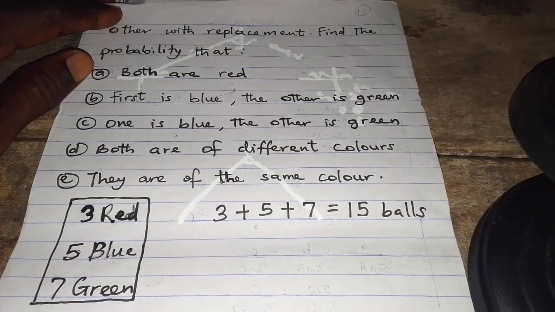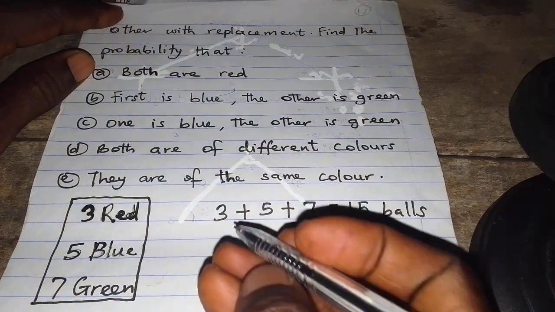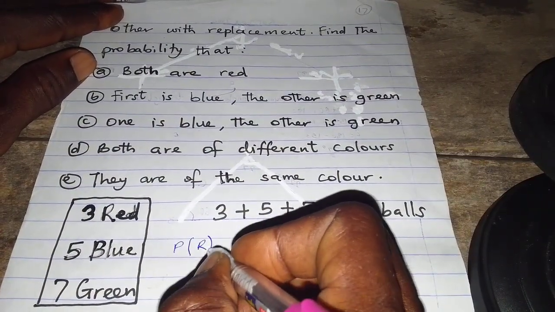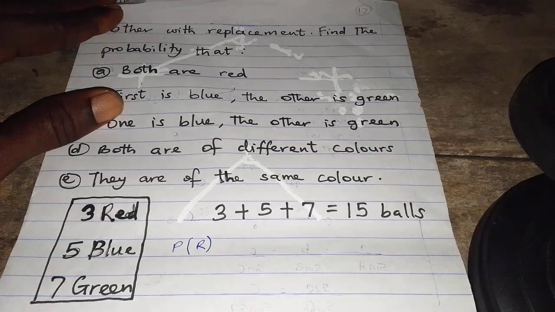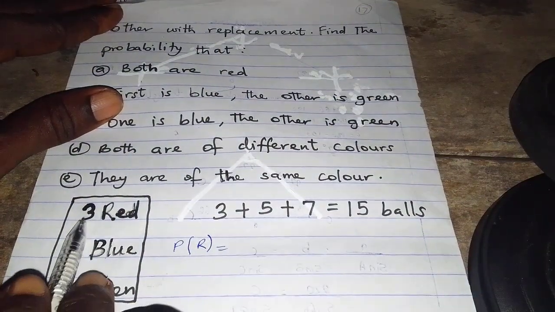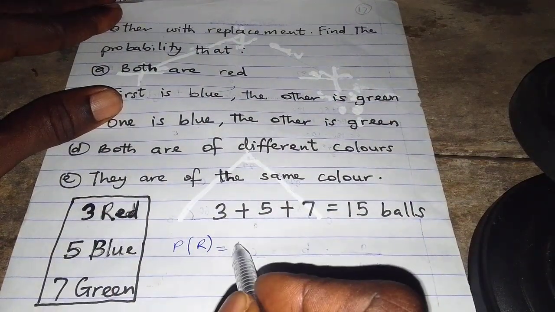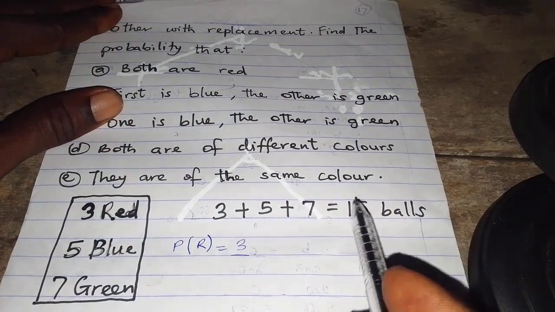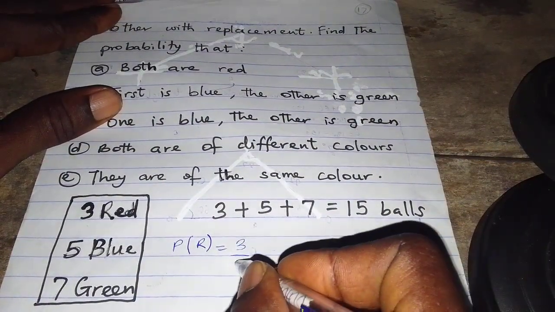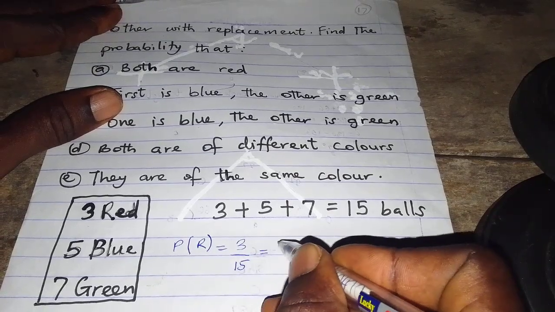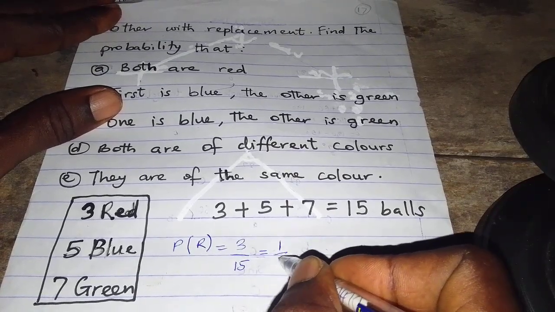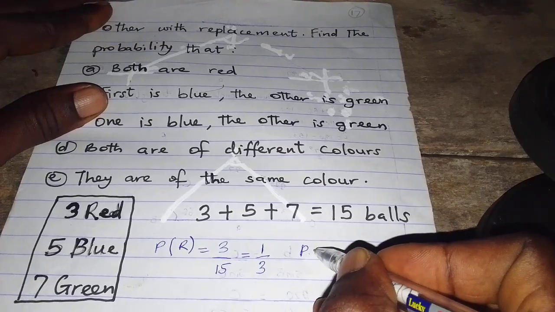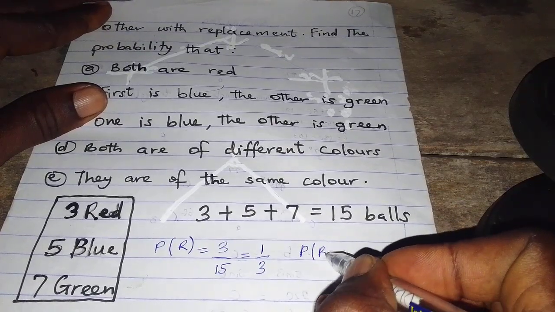So first of all, to make it easier, let's look for the probability of picking each color. The probability of picking a red ball will be what? How many red balls do we have? That is 3 over the total number of balls, which is 15. So 3 over 15, to the lowest term, is 1 over 5. Then the probability of picking a blue ball.